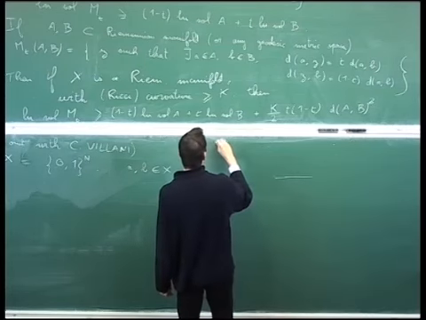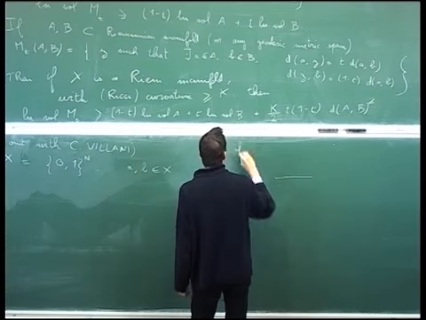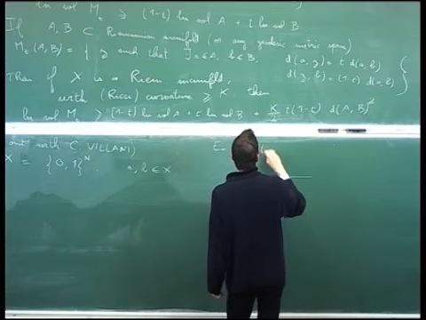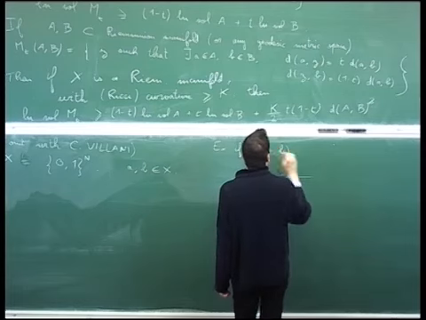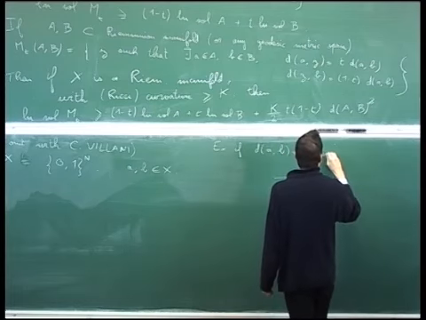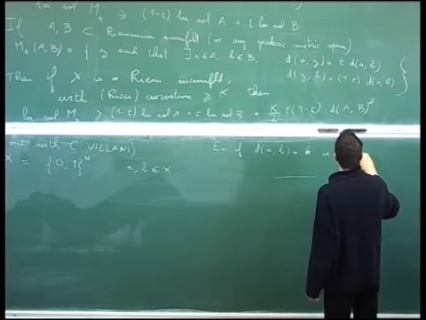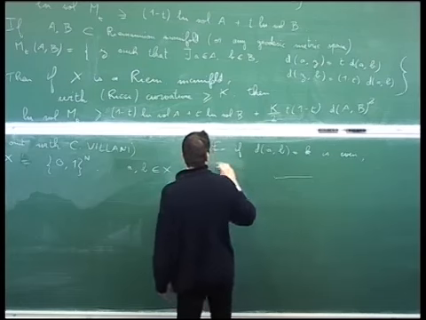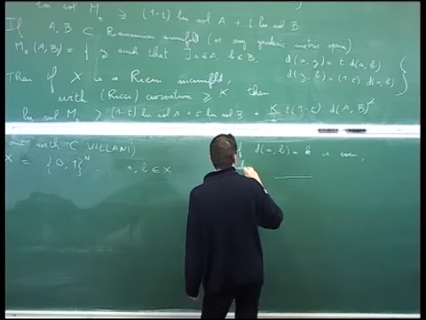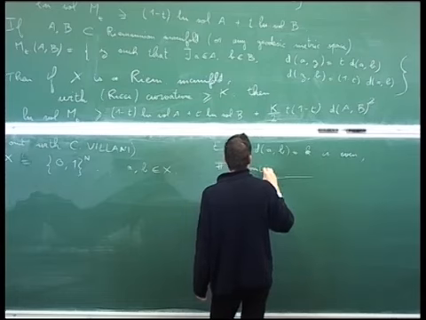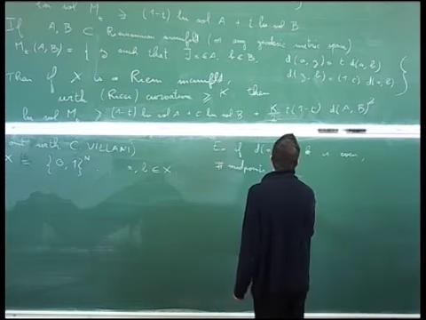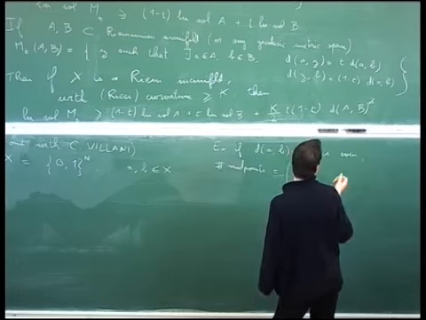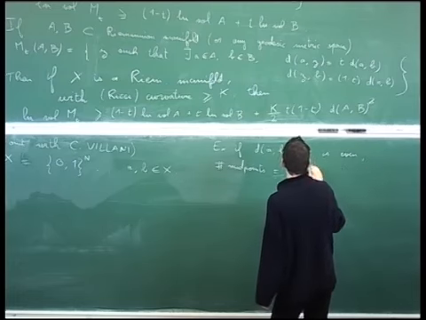For example, if d(A,B) equals k is even, the number of midpoints is equal to k choose k over 2.